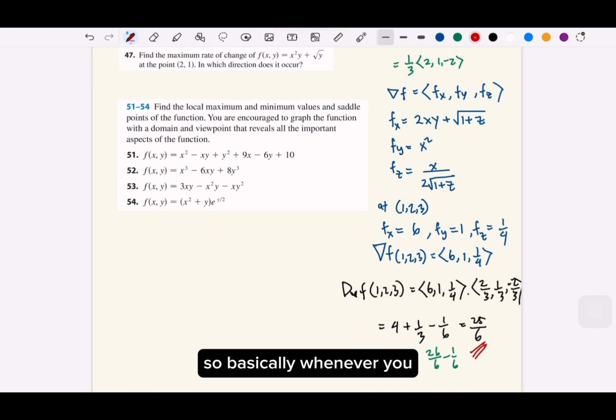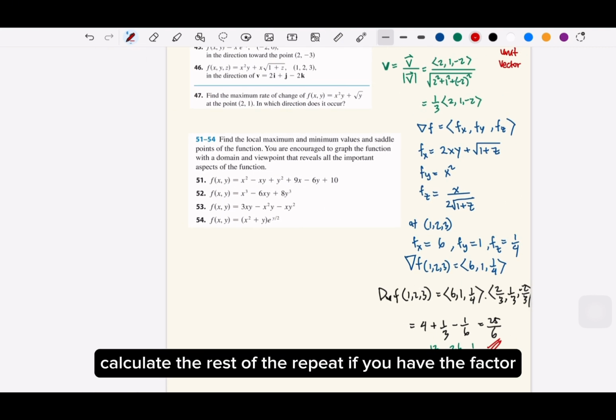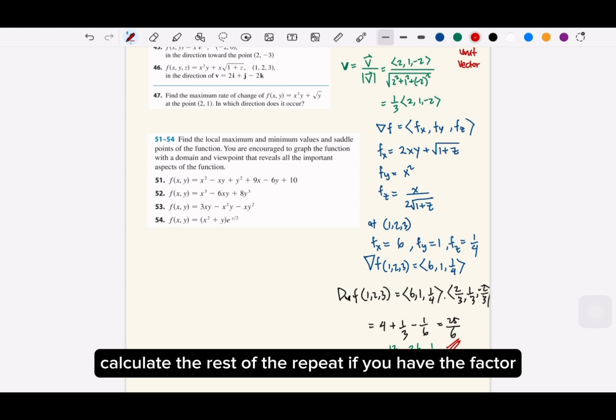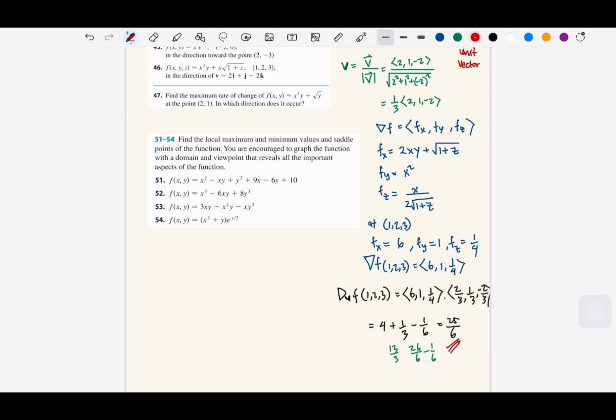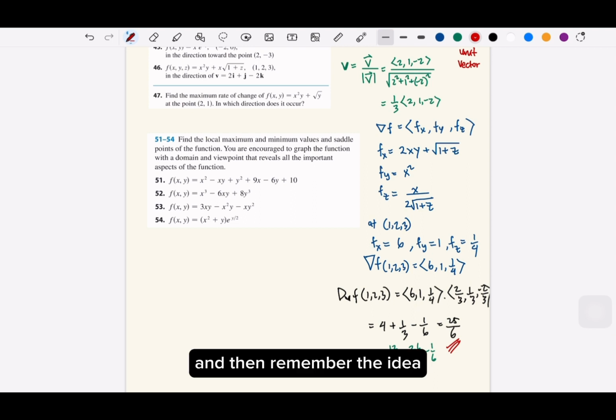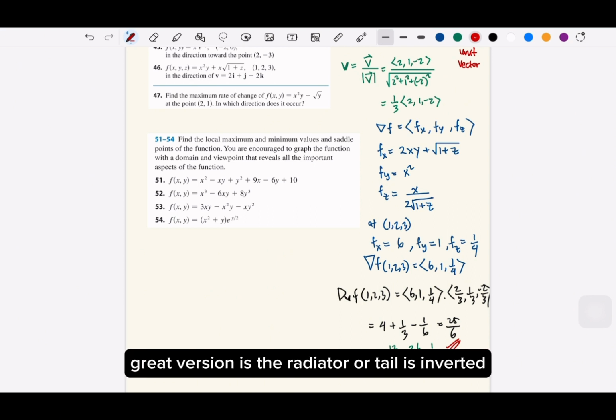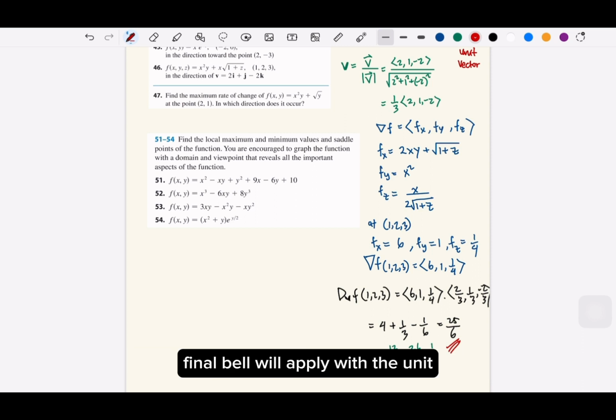So basically, whenever you calculate the directional derivative, if you have the vector, don't forget to change it first to a unit vector, with the hat symbol. And then remember the idea: the directional derivative is the gradient vector, or del, this inverted triangle, multiplied with the unit vector.